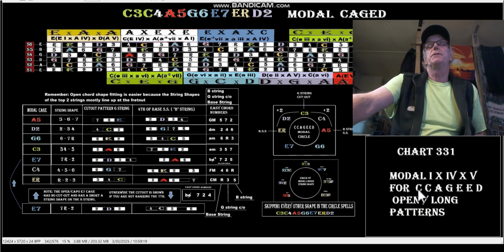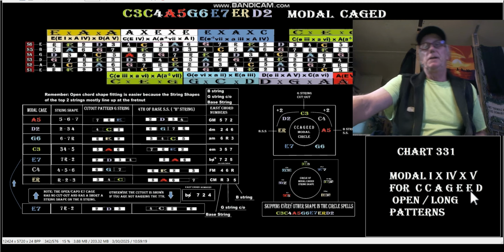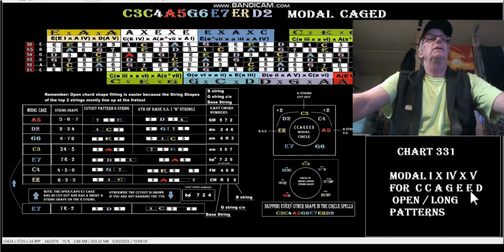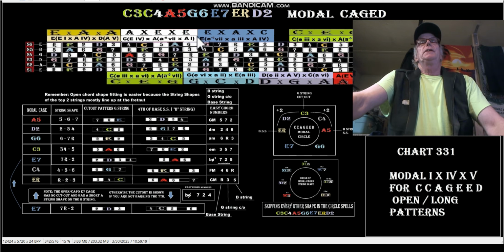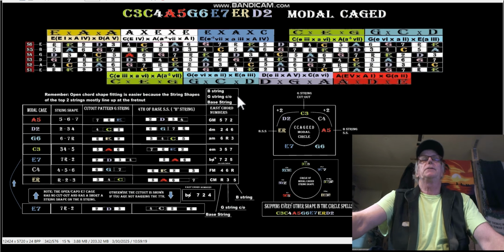The E minor is the Phrygian third, and then over here in the E shape we have the seventh. The E seventh is the Locrian seventh, and then we have the E root. It is the Ionian root 2/3, etc. So let's look at this. Let's put me back down here and let's get started.